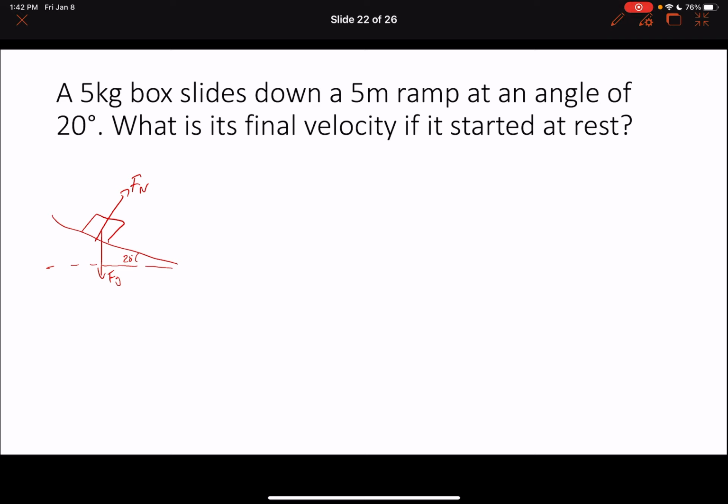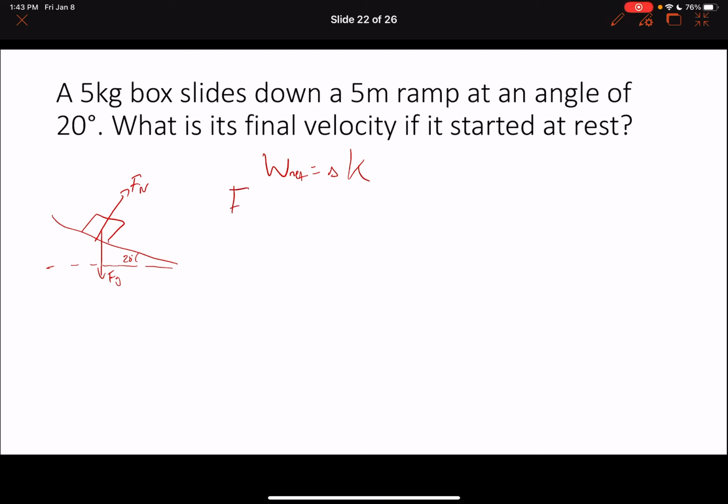And so we want to find the final velocity. So let's go ahead and use this idea: W net equals delta K. So what is the net work?